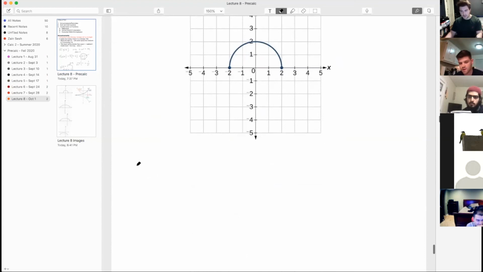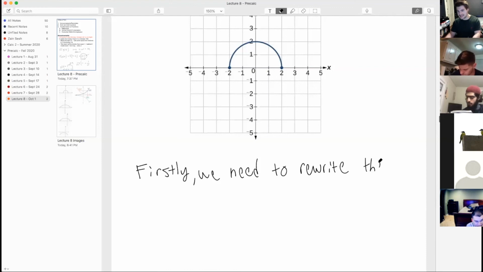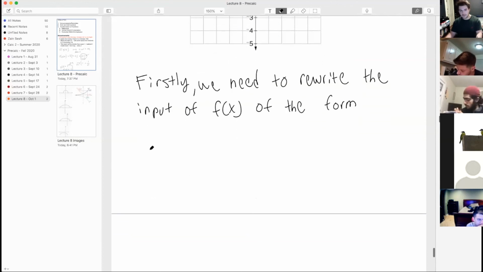So I'm going to write it first. Firstly, we need to rewrite the input of f of x of the form f of b multiplied by x plus h.